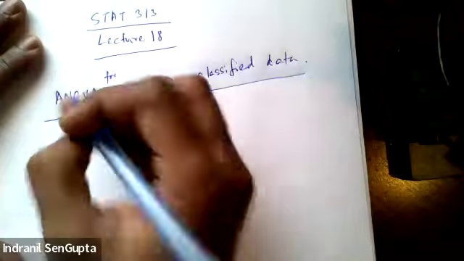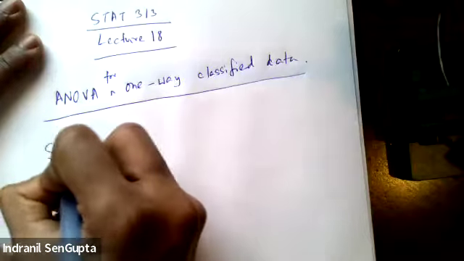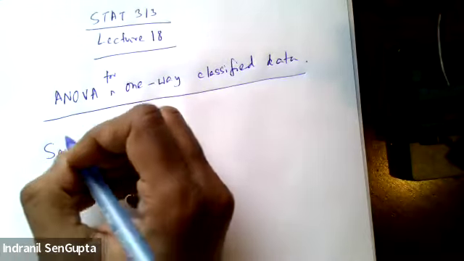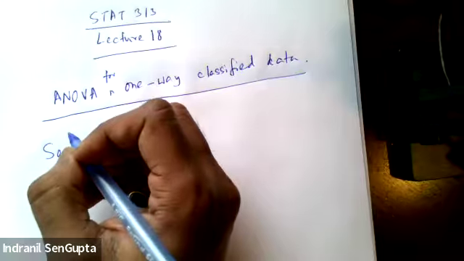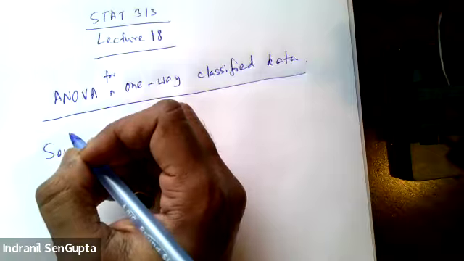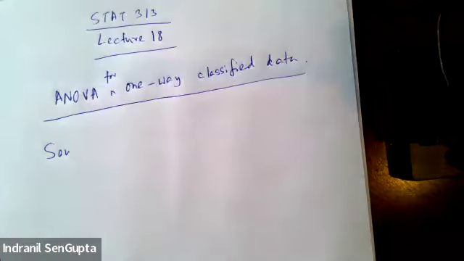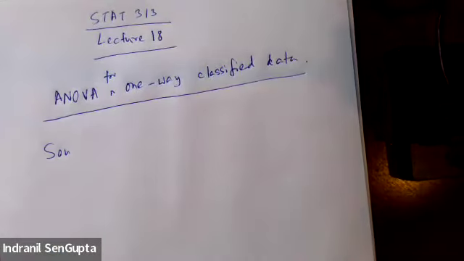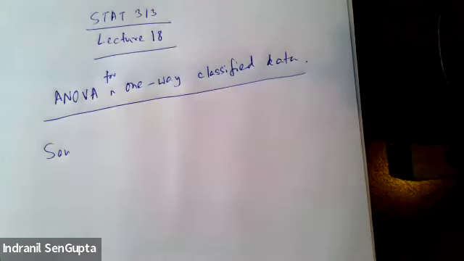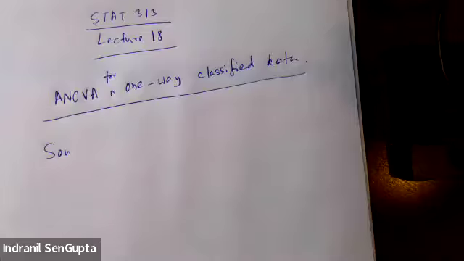So here are the two things. We can have two different sources of variation, right? One source of variation is due to the internal things of the groups or classes, and the other one is between the groups or classes.